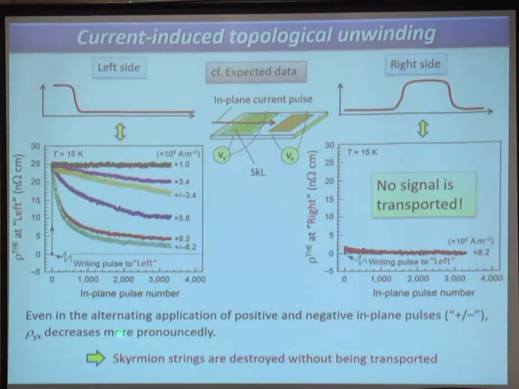We also tested the alternating application of positive and negative in-plane pulses, represented by plus/minus here. But we found in this case the topological Hall effect decreases more pronouncedly. A straightforward interpretation of these observations is that Skyrmion strings are destroyed without being transported.